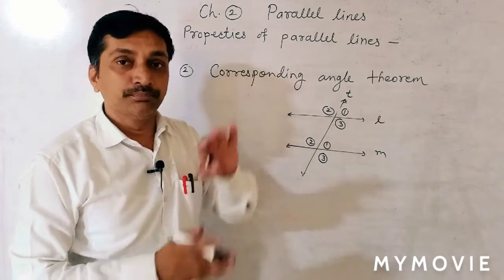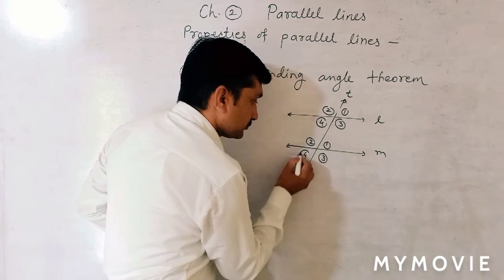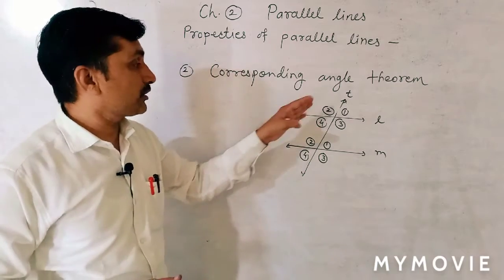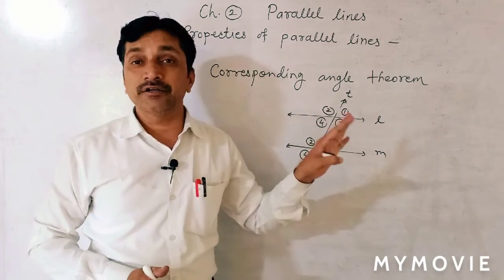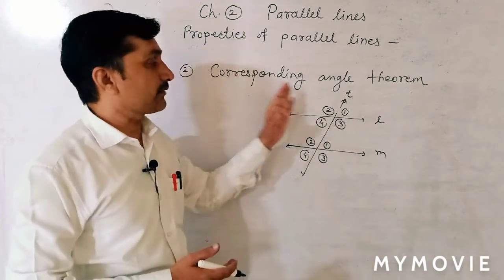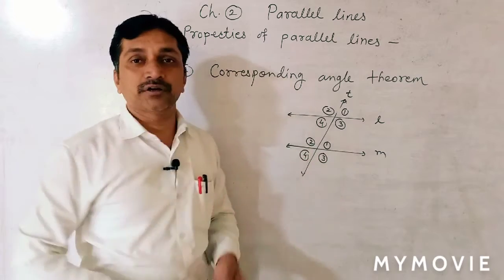And fourth, below the parallel and to the left. These are the 4 pairs of corresponding angles, and these pairs are of equal measure, or we can say corresponding angles are congruent. In this way we can identify corresponding angles.